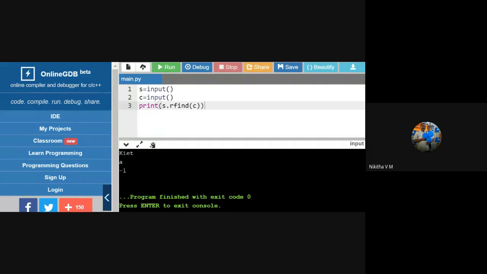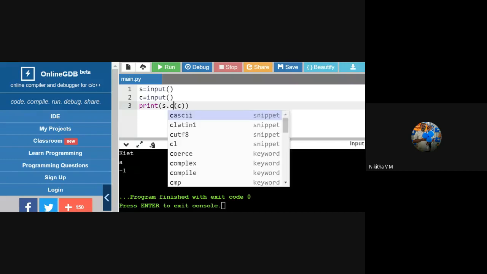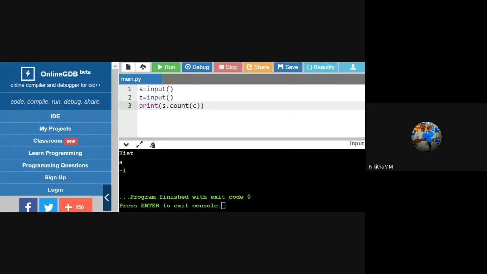All right, fine. After rfind, we had count, right? So s.count of c. Let's check with this. Let us take Caesar cipher only.